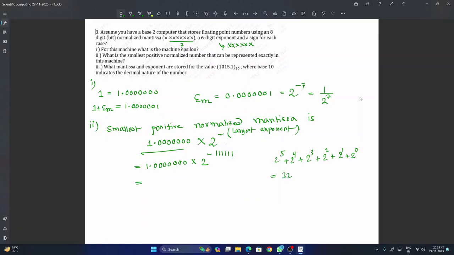That is 32, 16, 8, 4, 2, and 1, which sum to 63. That means 2 to the power minus 63 in decimal values. Now tell me, is there any problem or doubt?